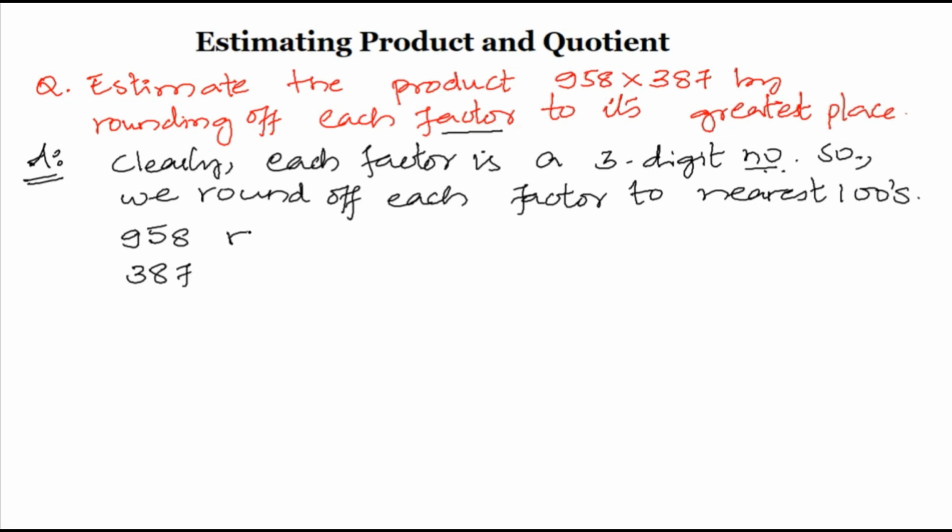This 958 rounds off as 1000. The reason is the digit at hundreds place is 9. Therefore, it is rounded off to 1000.